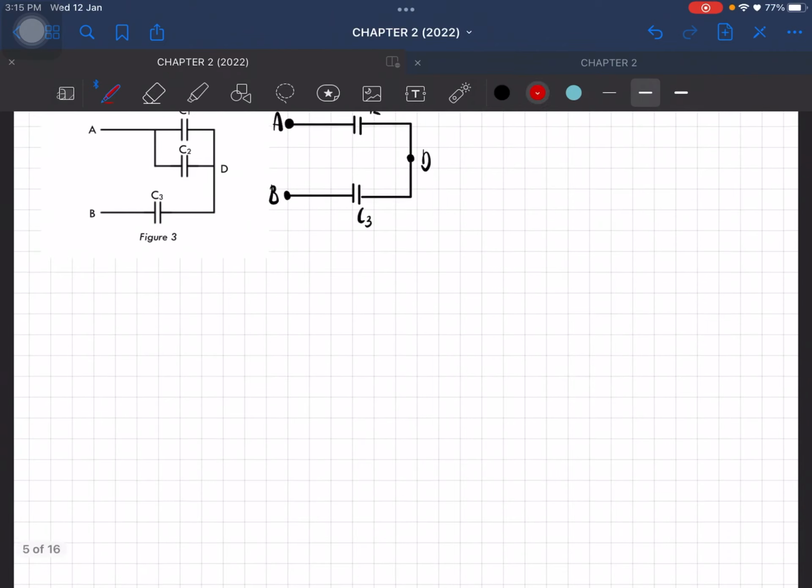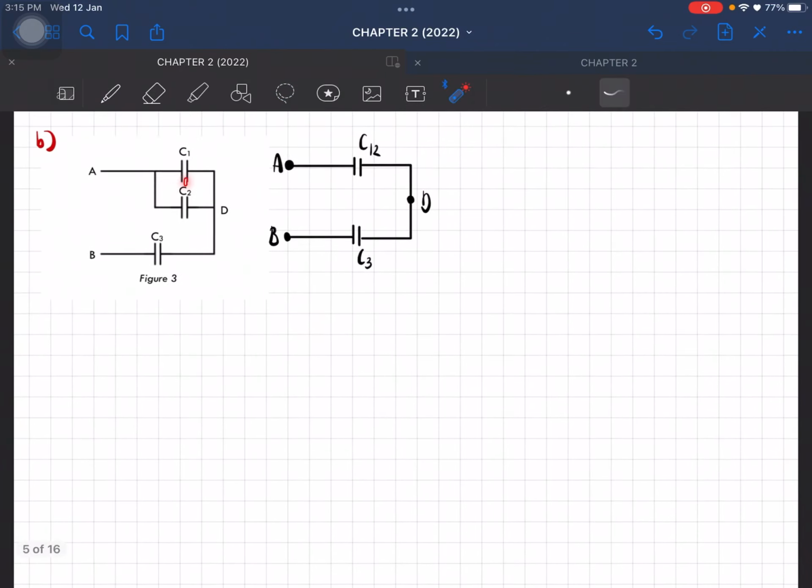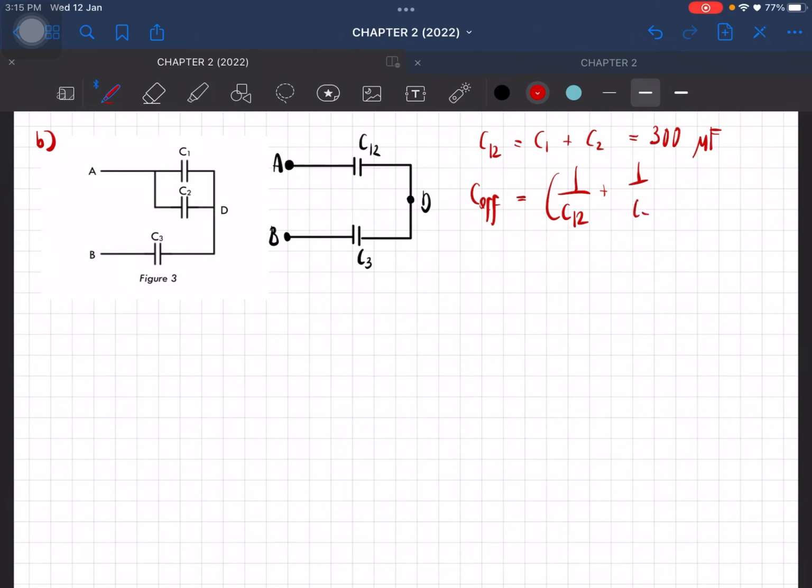Now, capacitors C1 and C2 here are connected in parallel. So C12 is basically C1 plus C2, which is equal to 300 microfarad. Then we can calculate the effective capacitance. This is a series circuit, so we use the series equation. The effective capacitance here, you should get 150 microfarad.